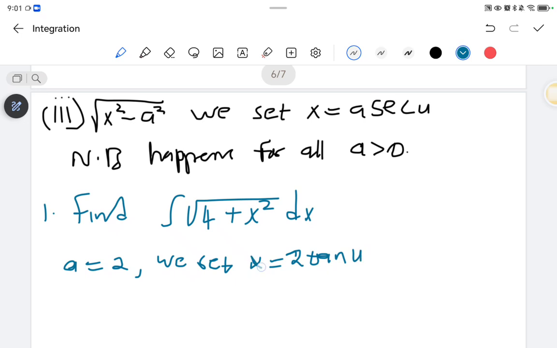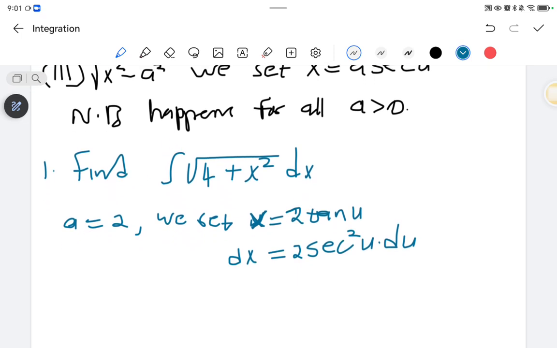When I derive both sides, I get 1 times dx, which is equal to 2 sec squared u times du. I'm sure we agree here.